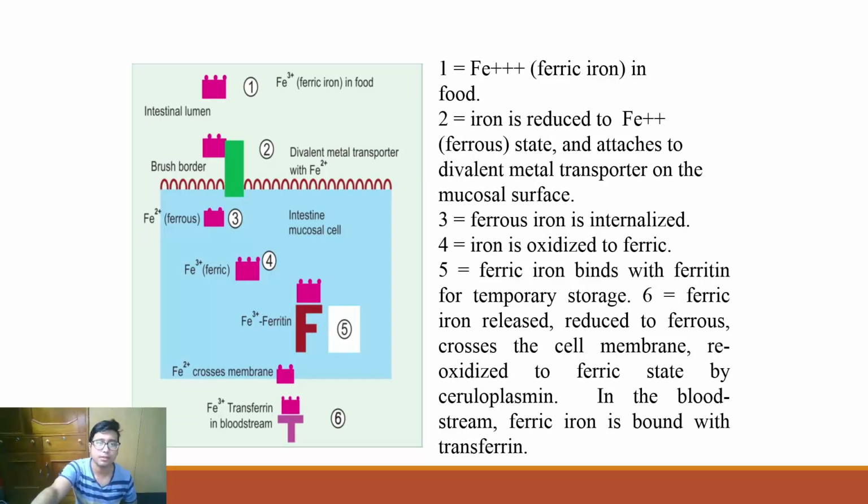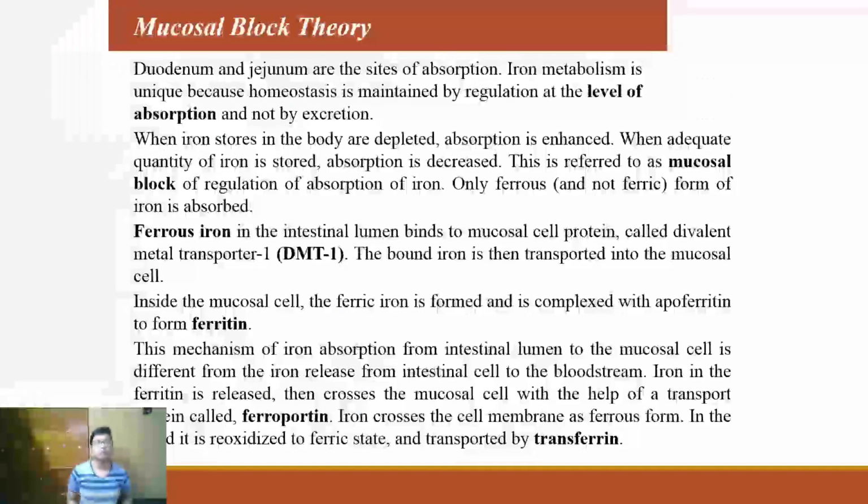So just see whatever is happening. What is happening over here? The duodenum and jejunum of the upper GI are the sites of iron absorption. These are the two areas where iron is absorbed. Now most of the nutrients in our body are absorbed just like that, but the excretion level is actually regulated depending on the deficiency.